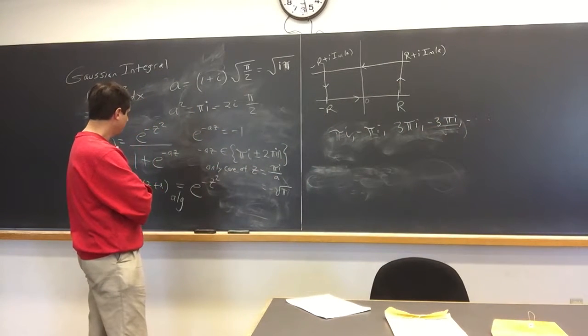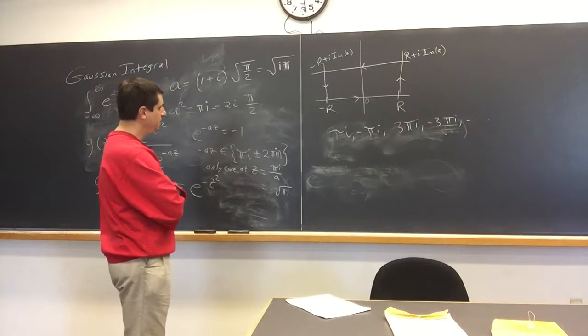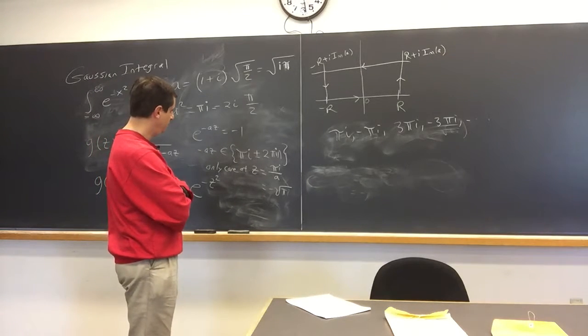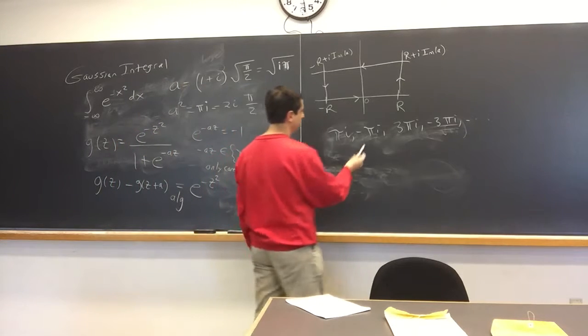And we want to find the value of z. So z is going to be these divided by a. Let me just double check. We have a squared was pi I, so a is the square root of I pi. And now we want to be up above.